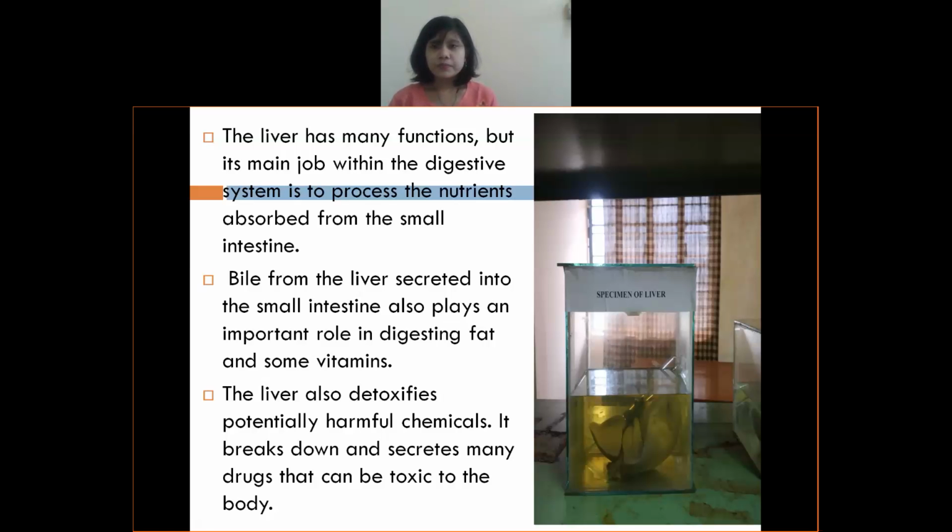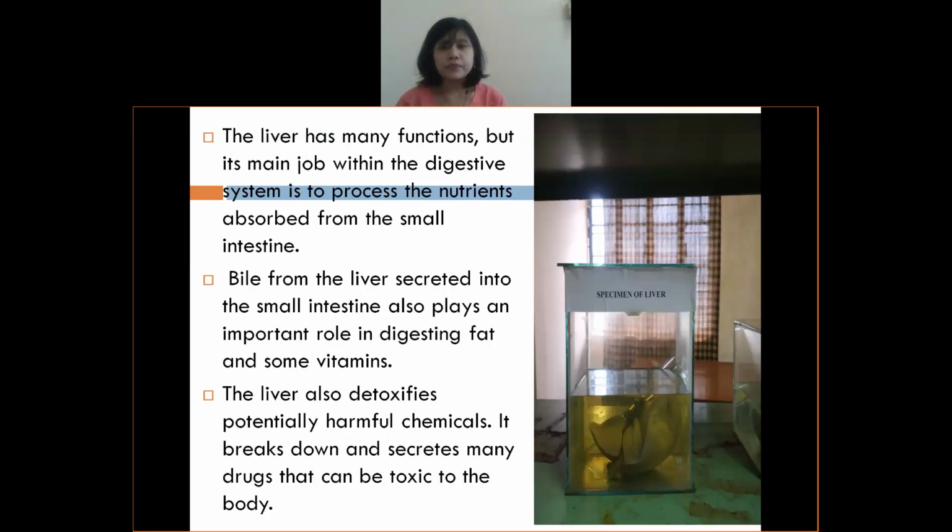Okay, the first function of the liver was that it will absorb all the nutrients which are coming from the small intestine. You remember the small intestine is divided into three parts: duodenum, ileum, jejunum. And the second function is that this liver will secrete bile.